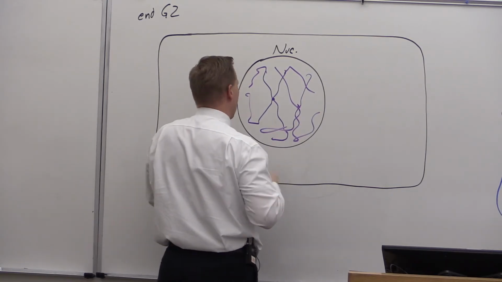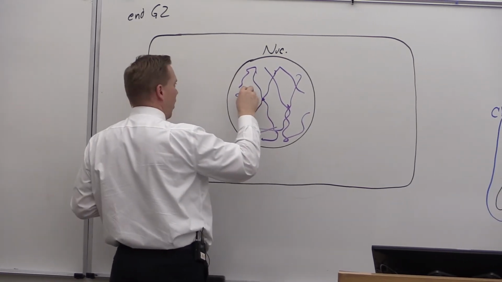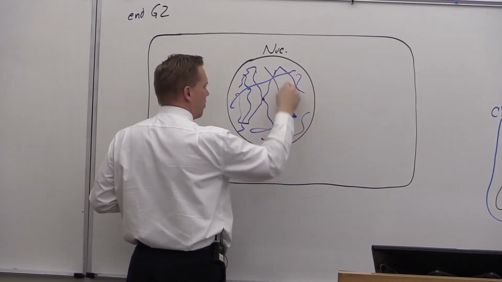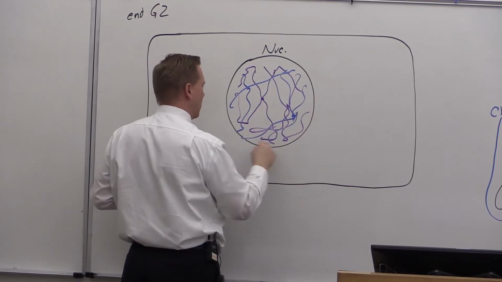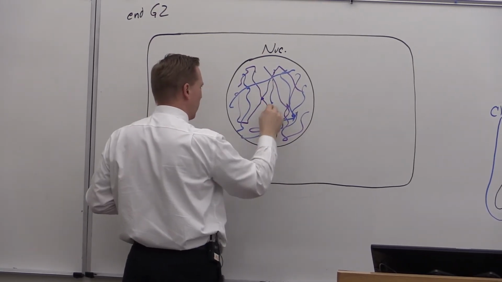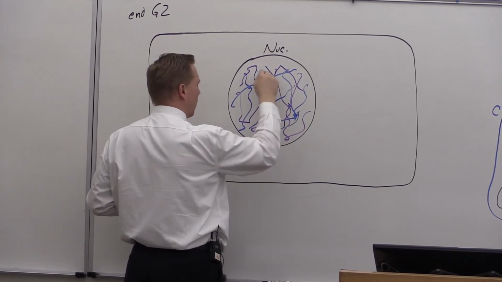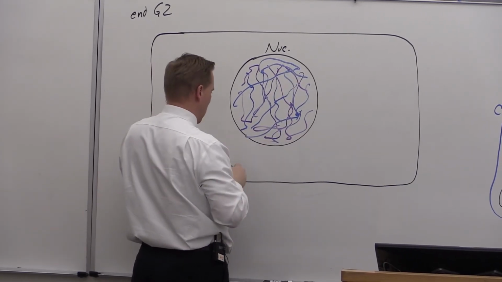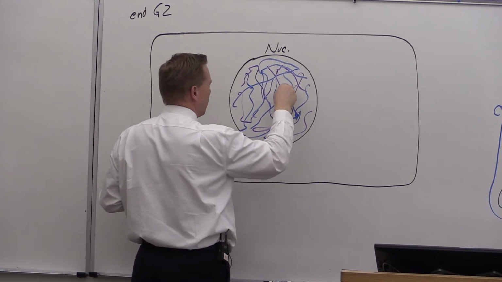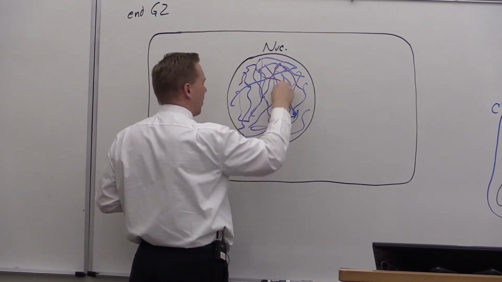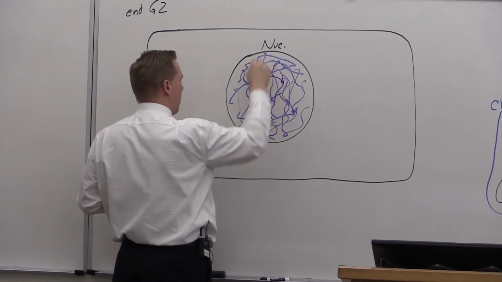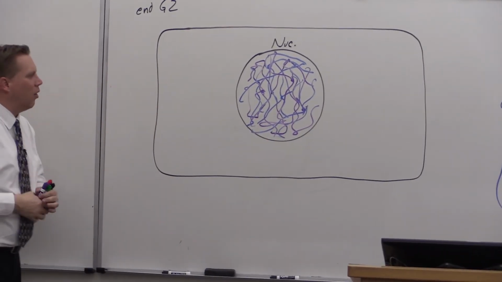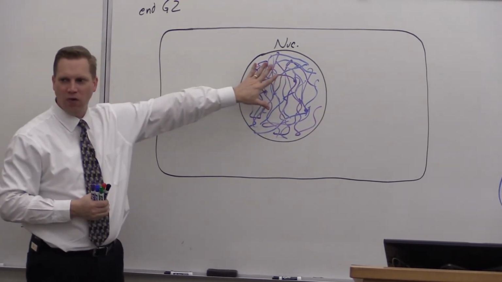And we're not going to draw all 46 of them, but they're spread out. They're kind of chaotic in here. We'll put another little one right here. And hopefully you guys are starting to get the picture here of what it looks like. So we've got maybe 6 or 7, 8 different chromosomes in here.